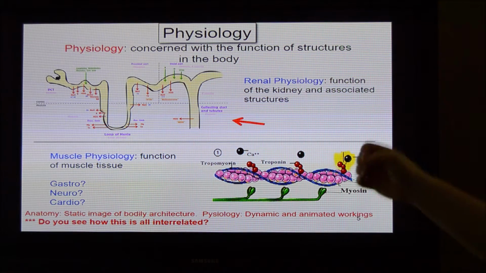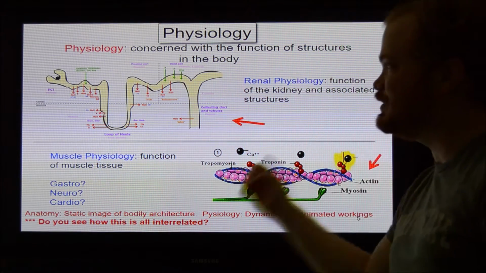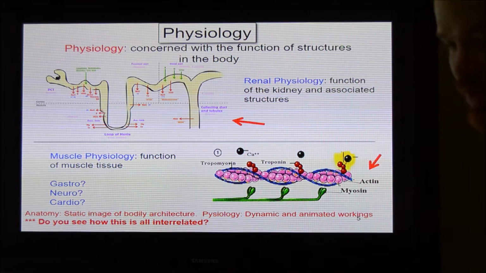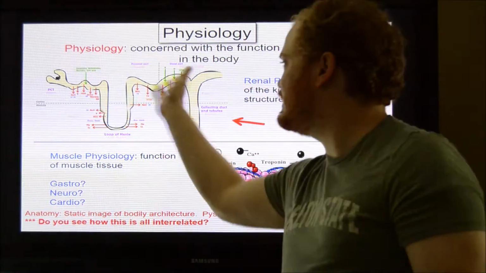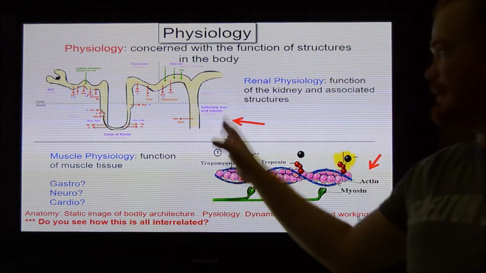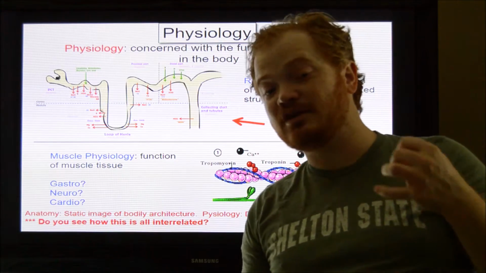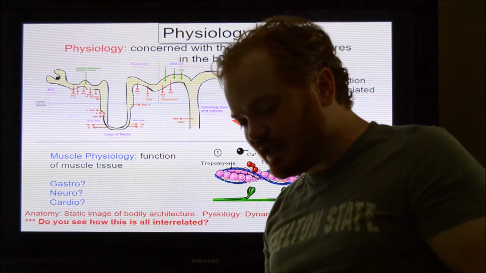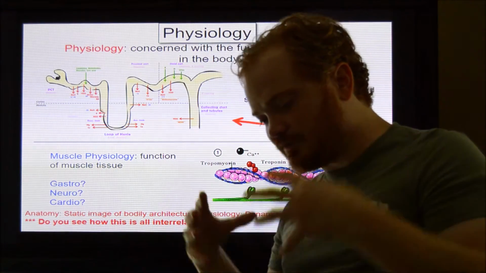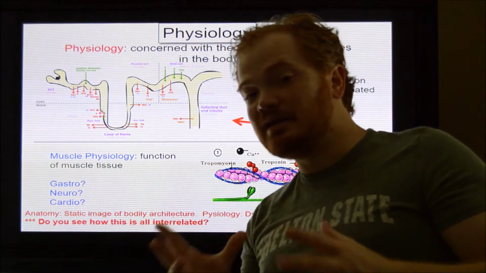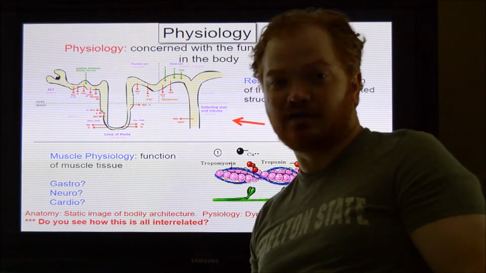Physiology is how they do what they do, how things do their job. The anatomy is what it looks like. The physiology is the job that it does. And physiology, as you can see here, can get very complicated. It looks complicated, but this is a brief breakdown of how the kidneys and the nephrons, the functional units within the kidneys, function to cleanse your blood of various waste products and other things.